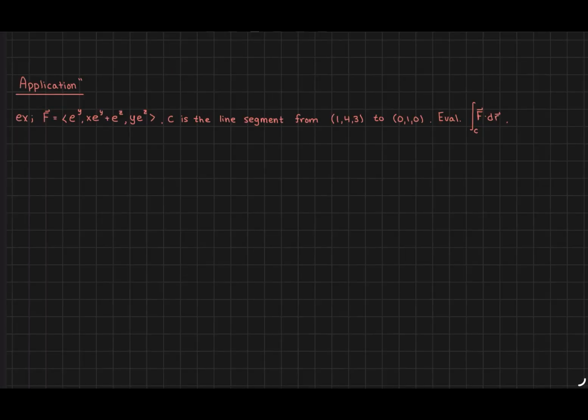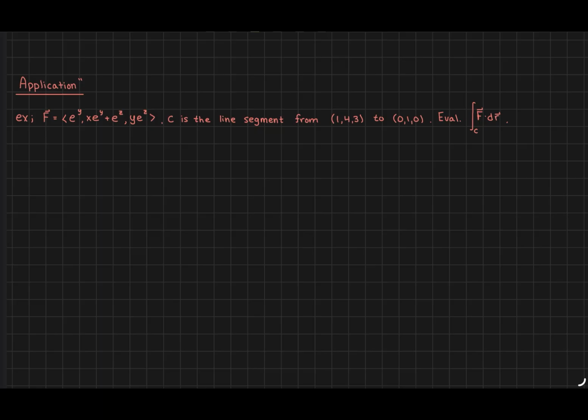So applying the fundamental theorem of line integrals here, maybe a spoiler alert, the example is: given the vector field e to the y, x e to the y plus e to the z, y e to the z, C is the line segment from (1, 4, 3) to (0, 1, 0). Evaluate the vector line integral given.